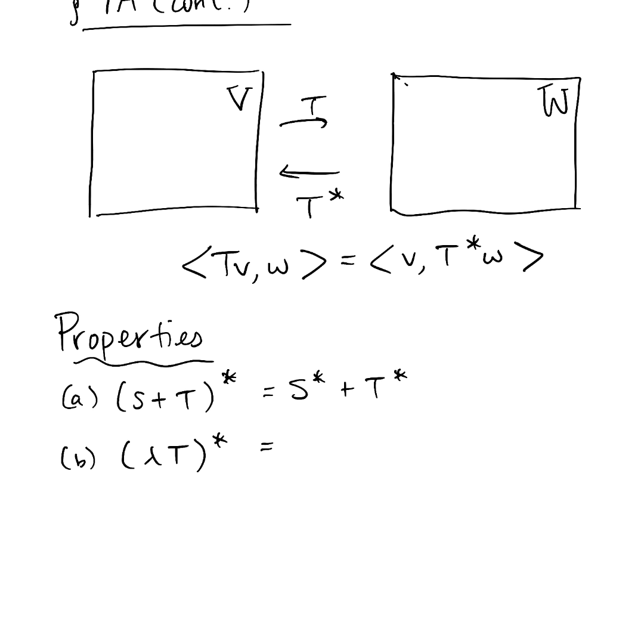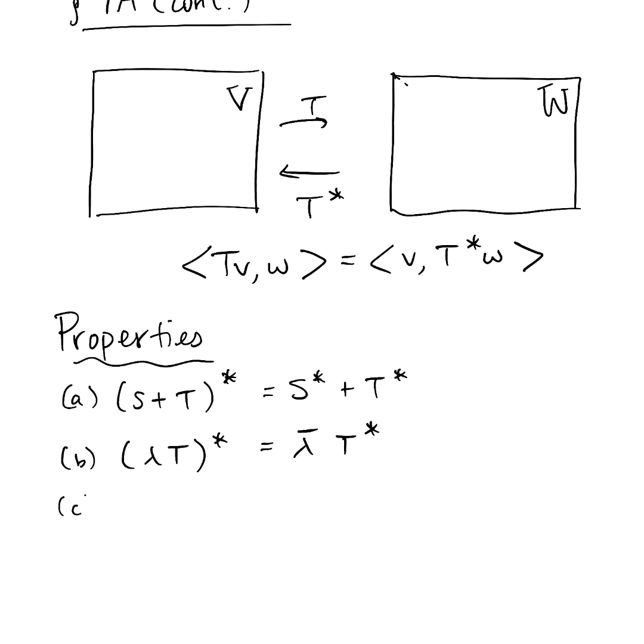Well, the beauty of that is, the lambda just pops out in front, only you pay with a lambda bar. So the adjoint of the mapping lambda T is lambda bar times the adjoint of T.